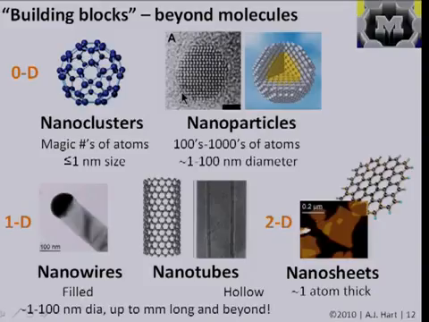And in the case of single layer graphite or graphene, there's a lot of research going on now about the electrical and other properties and mechanical properties of this arrangement of atoms. And we'll talk a little bit about that. But sort of 0D, 1D, and 2D in kind of a different sense than we would think at the large scale, but let that be our nomenclature for moving forward.